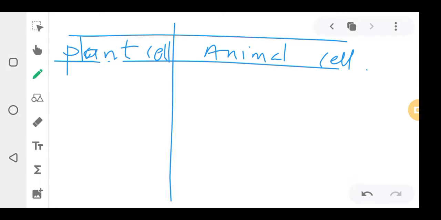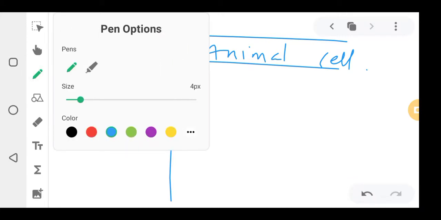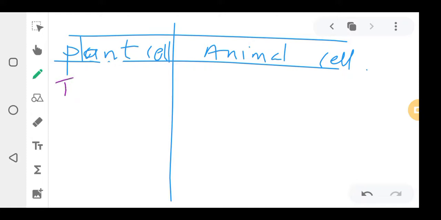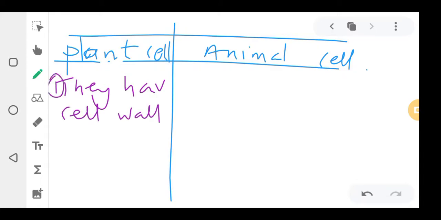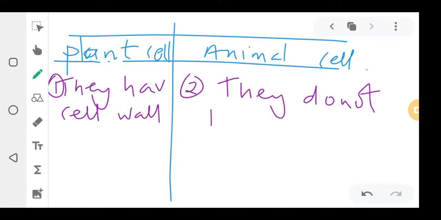All plant cells have a cell wall. Animal cells do not have a cell wall. That's the difference.